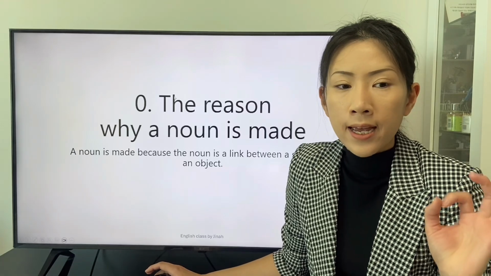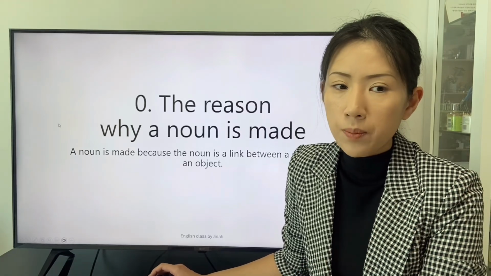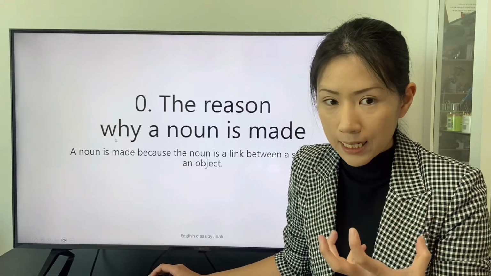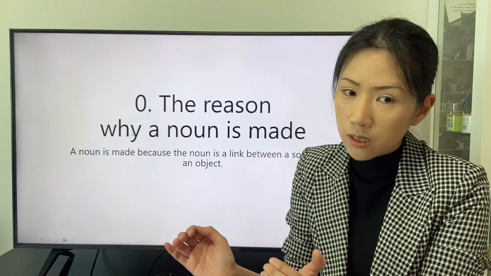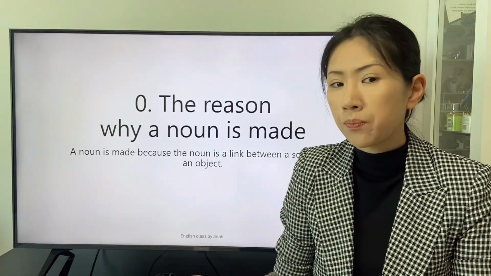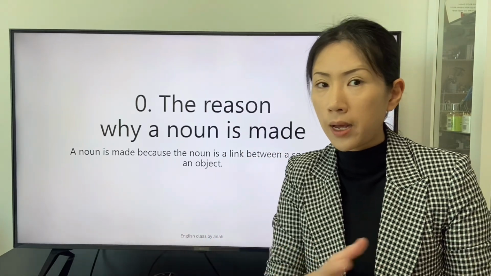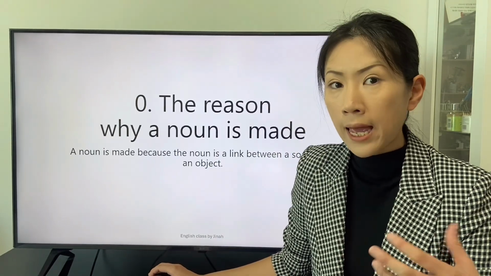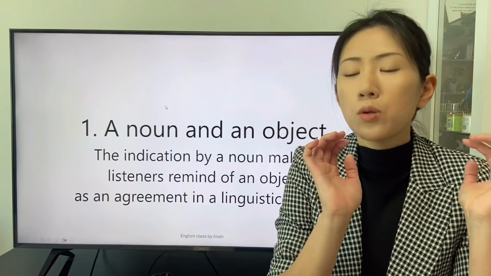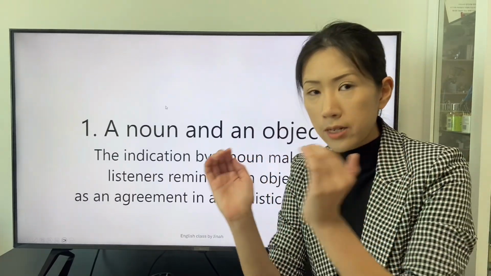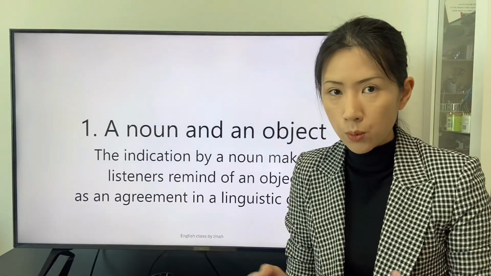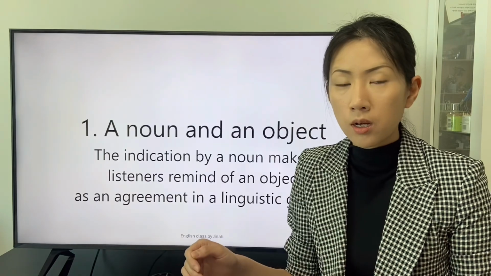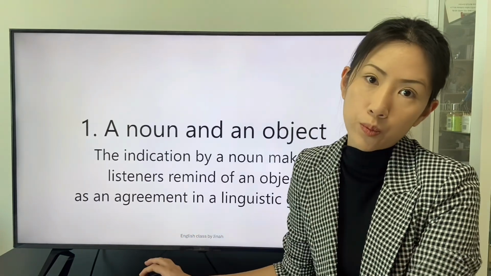So we can say that a noun is made because the noun is a link between a sound and an object. After the language is made, a sound is written as a word. So the object and a noun is linked with an agreement in the linguistic group.